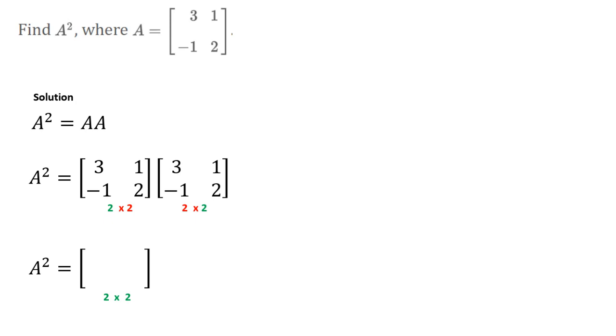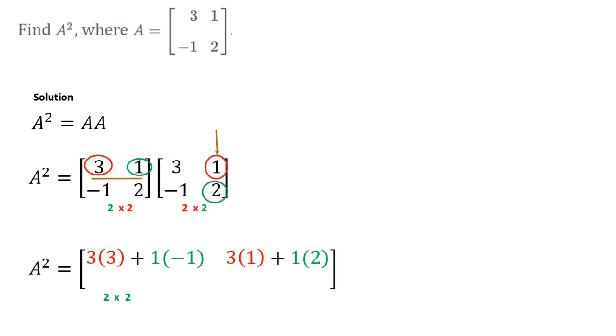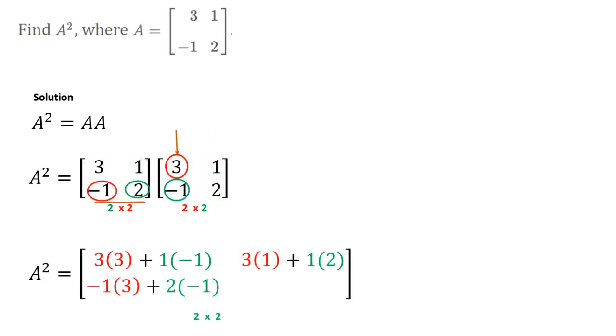When I multiply, again, row times column, row 1, column 1, 3 times 3, row 2, column 2 is 1 times negative 1. Again, row 1, column 2 gives me these values.